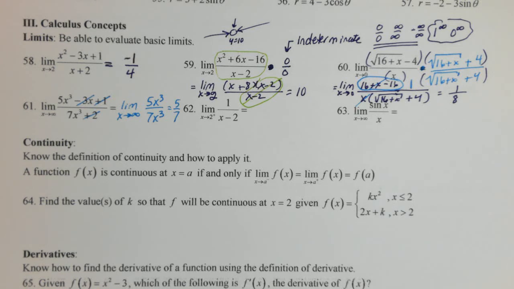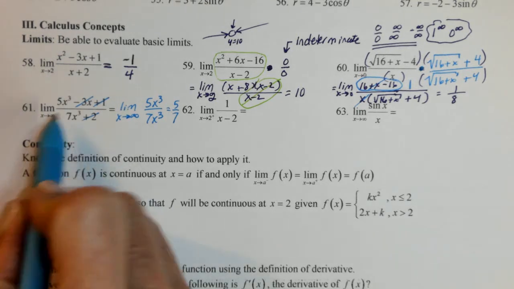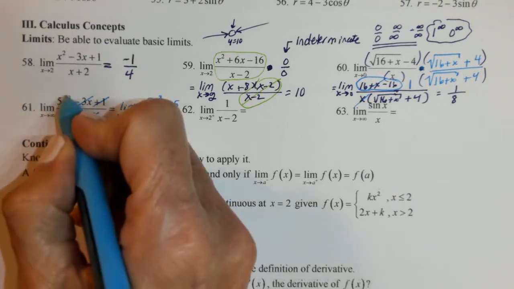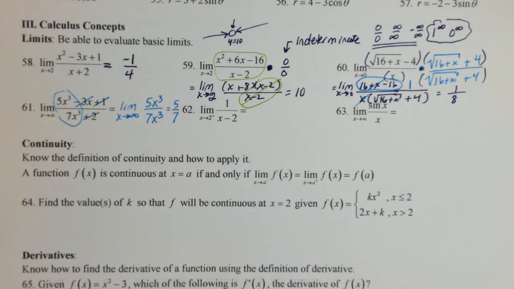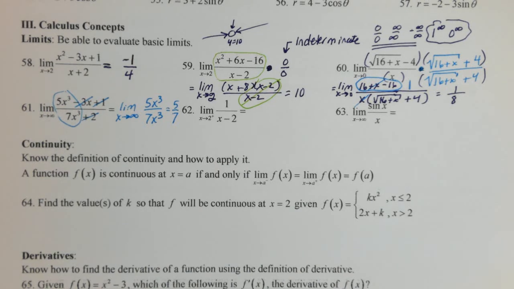I don't mind rhymes when the logic is hard, but this logic is so easy, and this is the way I would really like for you to think of this. As x goes to infinity, these are insignificant. What's left reduces to 5/7. It's very easy. To me, it's easier than that rhyme, which I always have to think about because some students like the rhyme. So anyway, there's my thoughts on that.